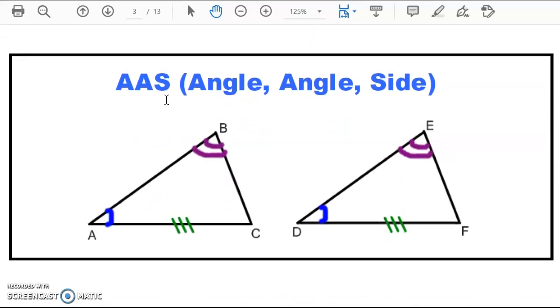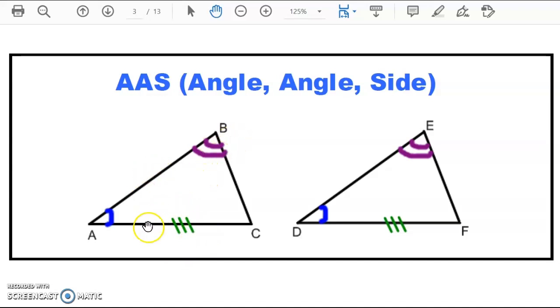Next postulate is the angle angle side postulate. Again, we have two sets of angles. Angle A and angle D are congruent. Angle B and angle E are congruent. And we have one side congruent from each. Now you notice with this one, for angle angle side, the side that's tick marked is not in between the two angles.